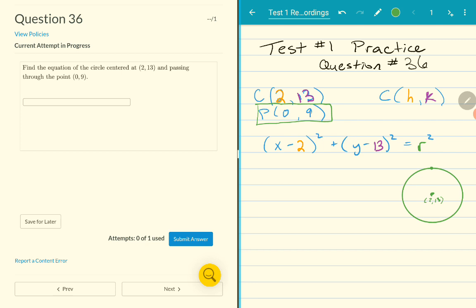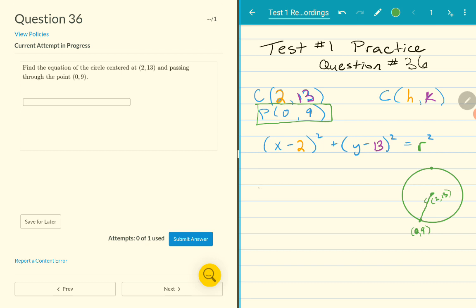Oh, I guess it'd be lower than the 13, wouldn't it? Be over here. Then to get the radius r, I just have to find this straight line. So that's the distance between the center (2, 13) and the point (0, 9).